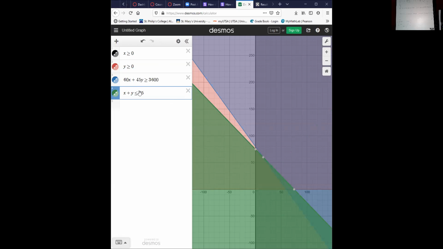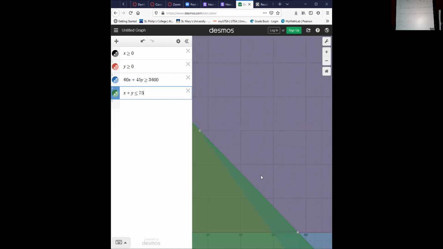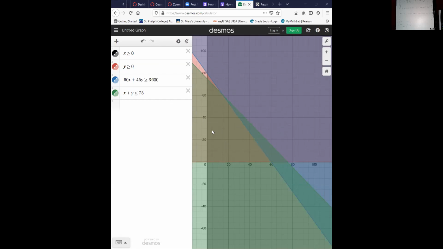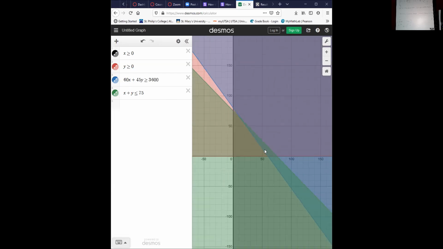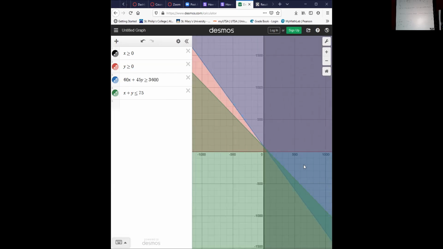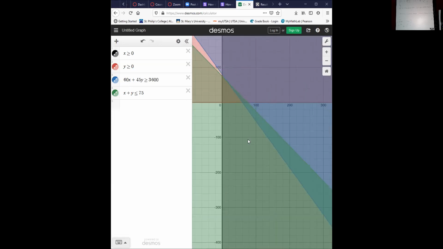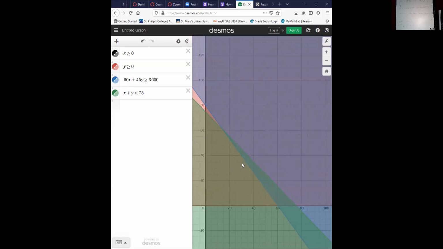So all of these constraints create a region called the feasible region. Let me make sure, because all these colors are messing with my head. So black is going this way, red going this way, blue is going that way, green is going downward. So the section that I care about looks like it's right here.